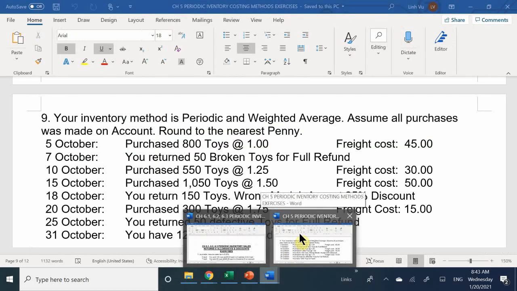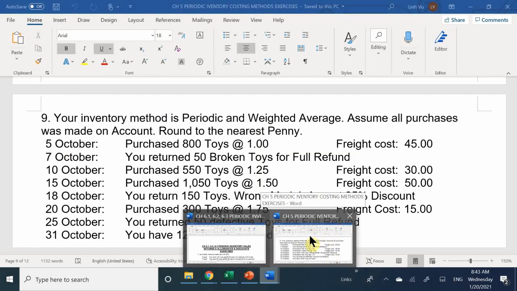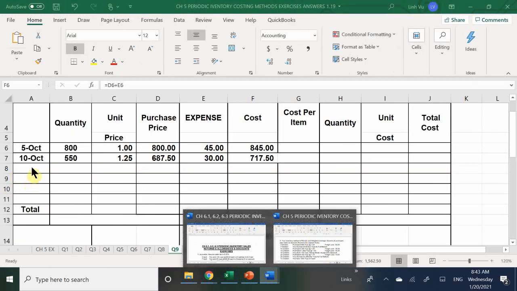What else happened here? On the 15th, you bought another 1,050 toys at $1.50. What day was that? October 15. Perfect.